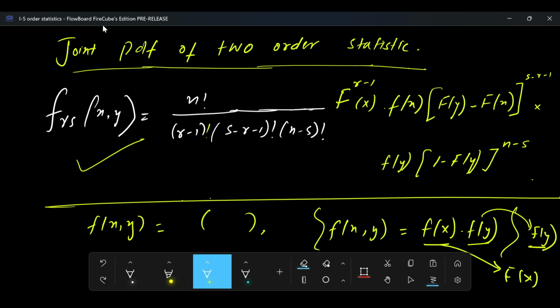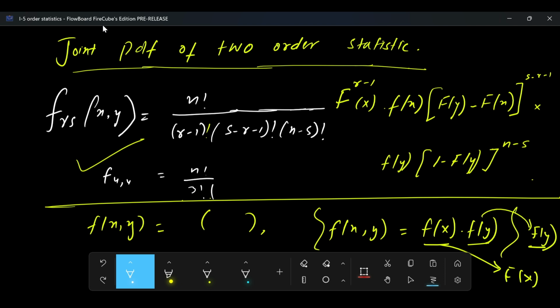So if I say f of 4 comma 4, that is n factorial, 4 minus 1, that's 3 factorial, then 4 minus 4. What's the limitation here?